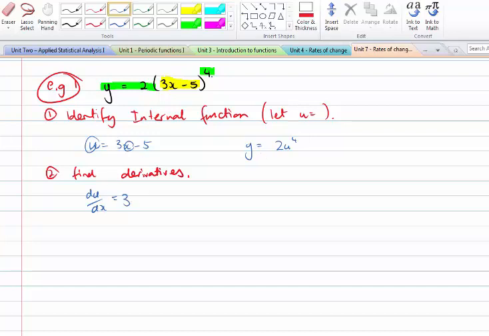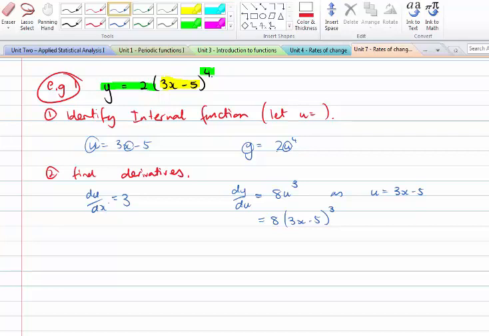And this function here will be y with the variable u, so it's going to be dy/du. So it will be 8u to the power of 3. So multiply by the power and take one away from the power just as normal. Now, it's 8u to the power of 3, but what's u actually equal to? As u is equal to 3x − 5, it means it's 8(3x − 5) to the power of 3.